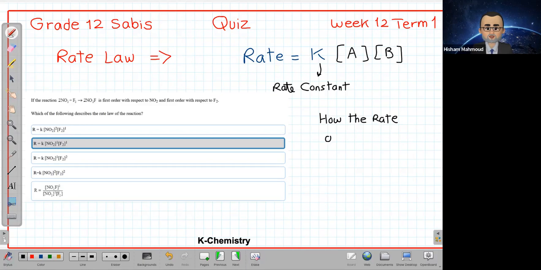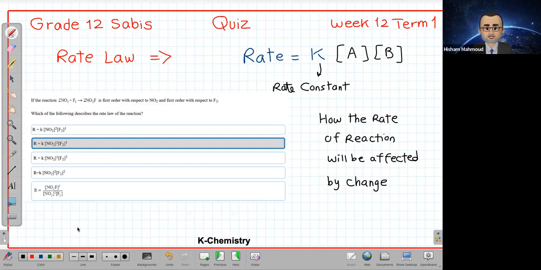Does changing the concentration of the reactants have any effect on the rate, or not? And how is the effect? Numerically or mathematically, you will try to find this out.